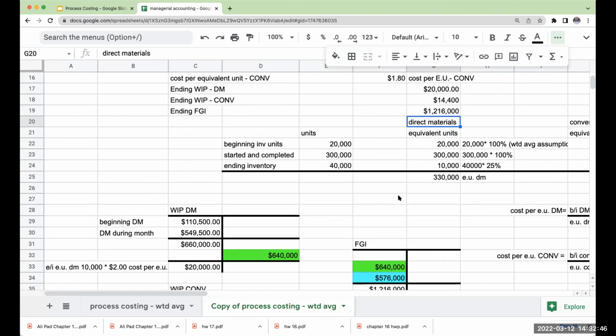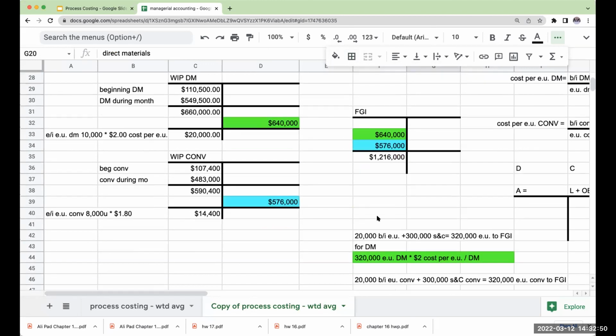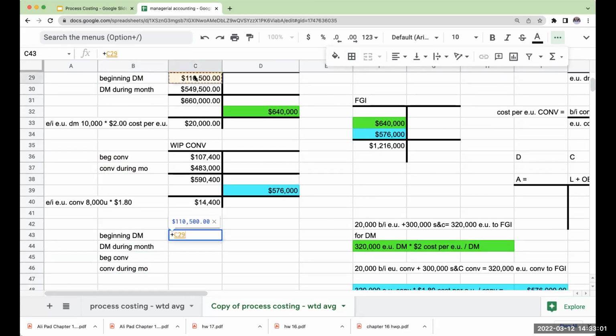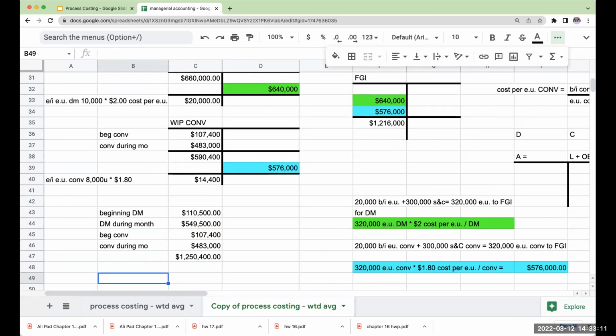Okay. Now, the last thing we can do is something called total cost to be accounted for. What exactly is that? When you take beginning direct materials and costs during the month plus conversion during the month, you're going to get over here total costs that I had to account for during the month of 1,250,400.